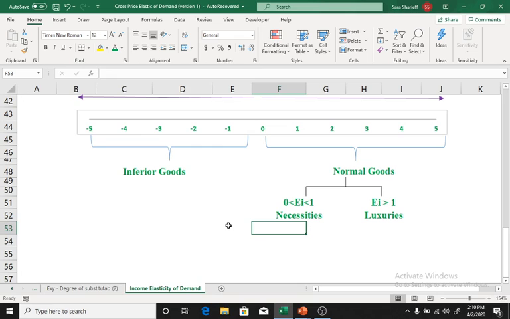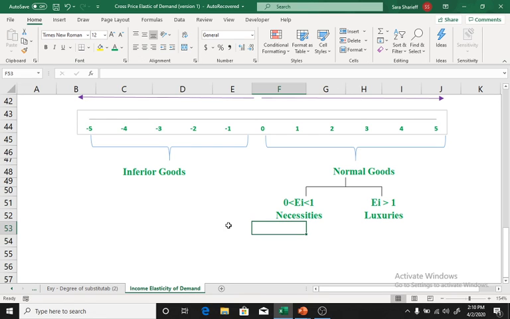Number 2, as per the best of my knowledge, luxuries can never be an inferior good, because luxury is something whose demand will increase when your income will increase. So it can never be an inferior good. If your income increases, you will never move from a big house to a small house. You will never move from a big car to a small car. Luxuries can never be an inferior good. Necessities can be an inferior good.